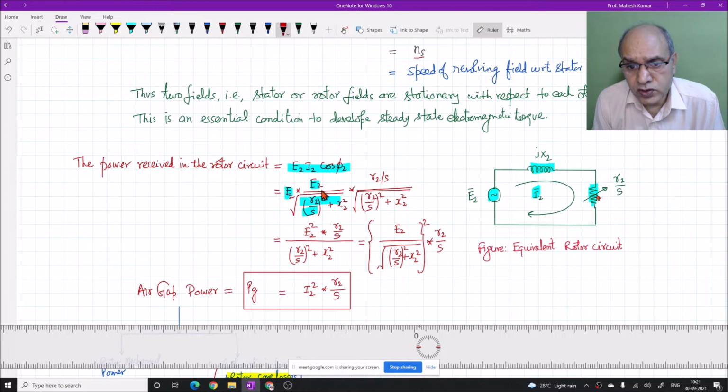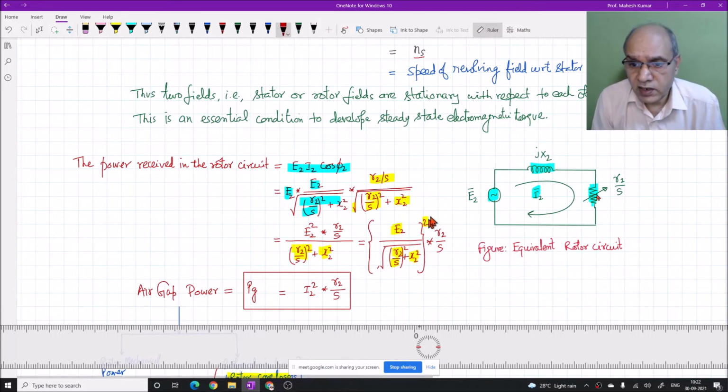So this becomes E2 into E2 by square root of (R2 by S squared plus X2 squared), into cos phi 2, which is R2 by S divided by square root of (R2 by S squared plus X2 squared). So the square root two times becomes a square here. So this becomes R2 by S squared plus X2 squared, and in the numerator we get E2 squared into R2 by S, which can be written as E2 by square root of (R2 by S squared plus X2 squared), the whole squared.